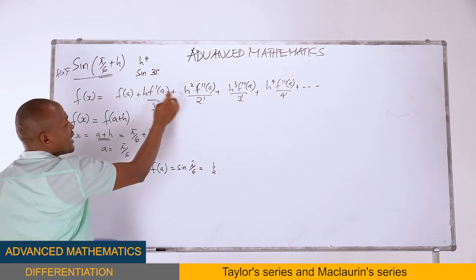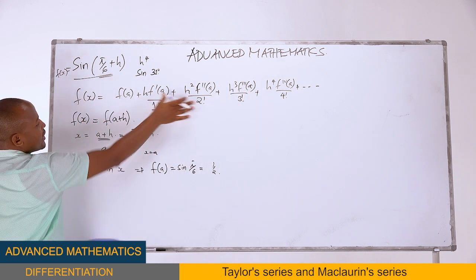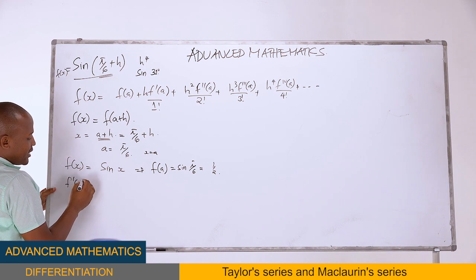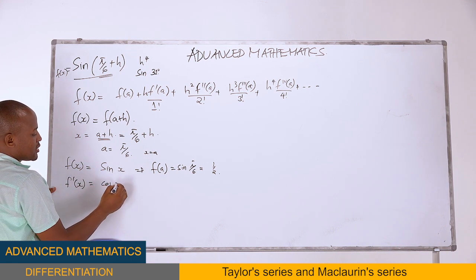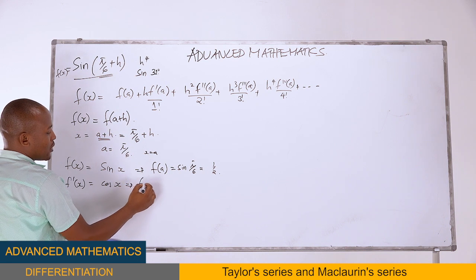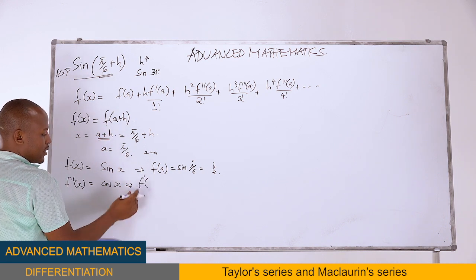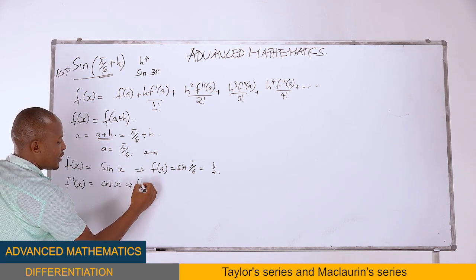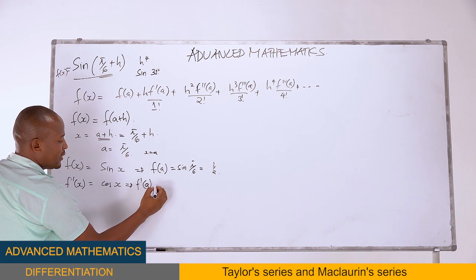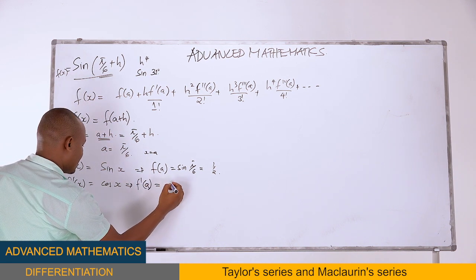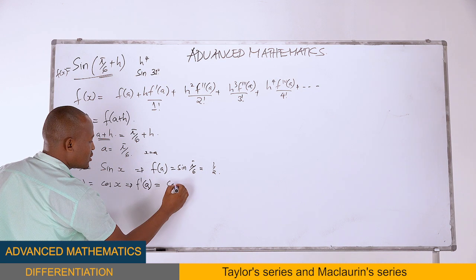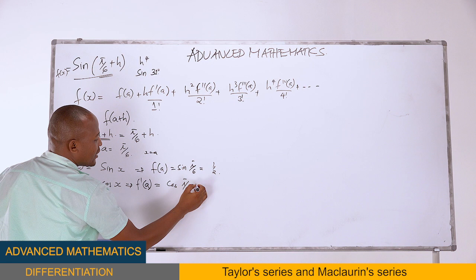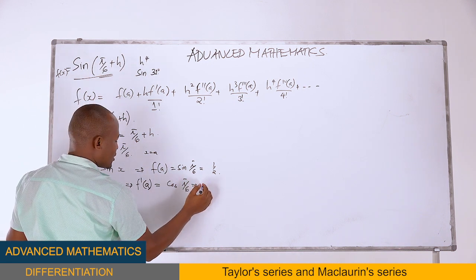The derivative of this is cos x, and when we evaluate the derivative at a, we are going to have cos of a, which is cos of pi over 6. And we know that f of a will be equal to what?